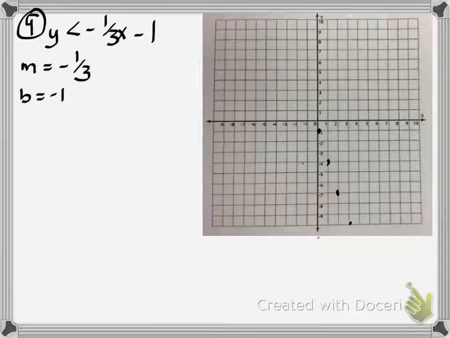So I'm going to fall. Oh, I didn't do that right. I see, it goes negative 3. So I'm going to fall 1, run right 3. And then I'm going to go in here and draw a dashed line.